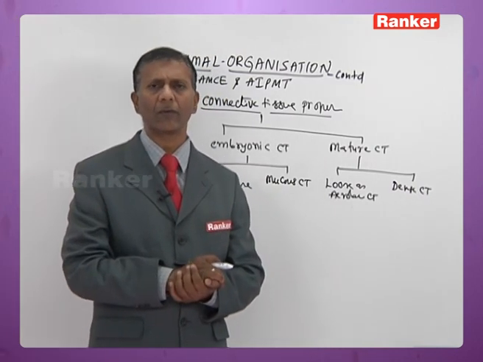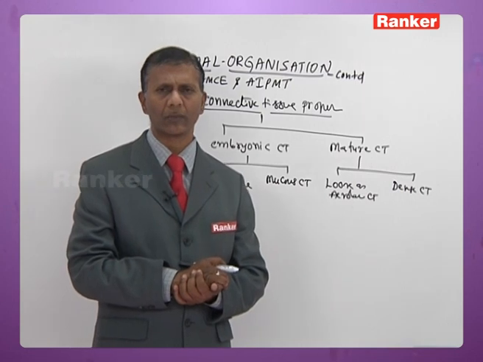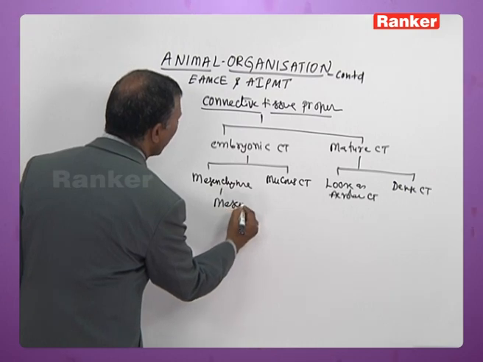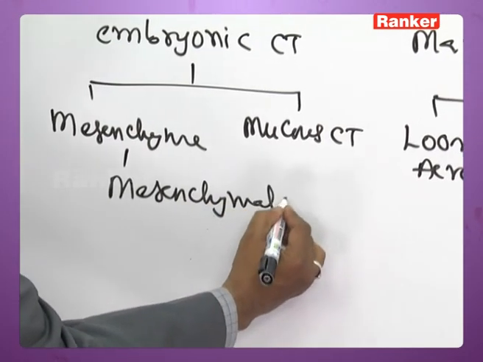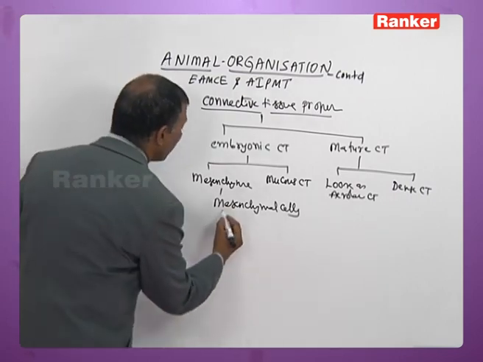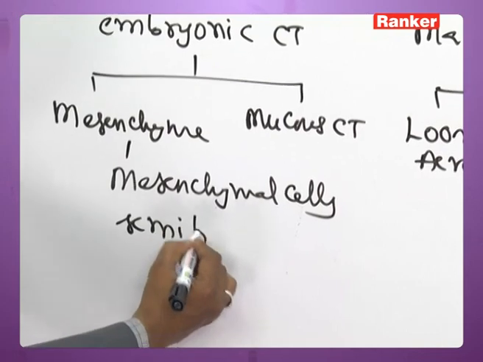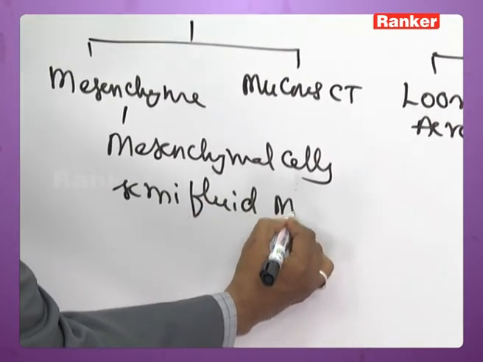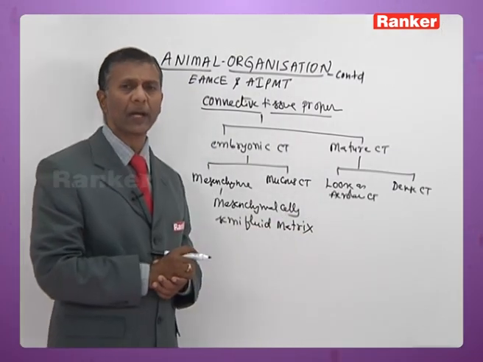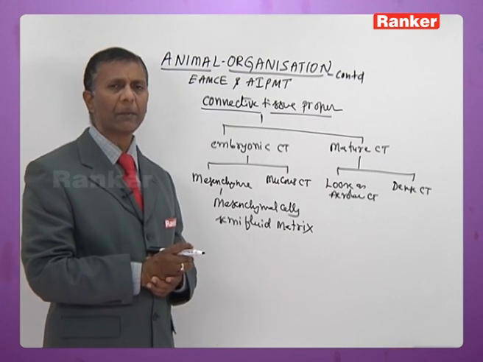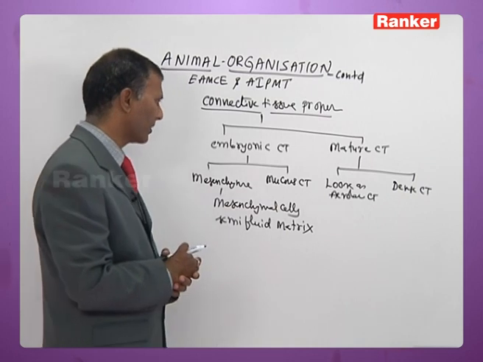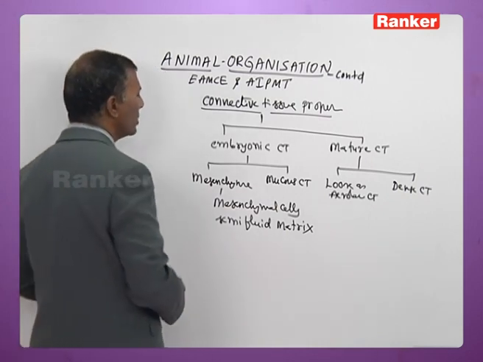The mesenchyme has got mesenchymal cells which are modified fibroblasts. Then it has a semi-fluid like matrix. And as I made a mention, it is the tissue that gives rise to various other tissues in the adult stage.